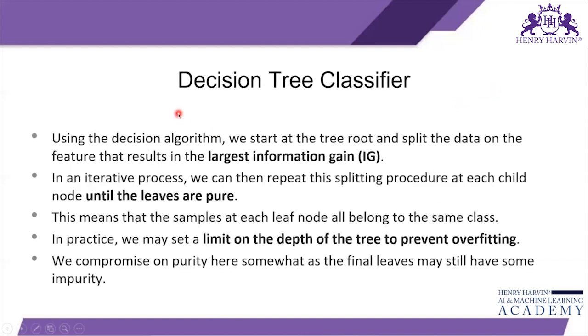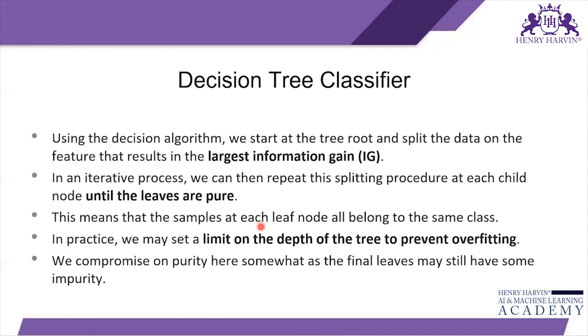And the decision tree classifier: using the decision tree algorithm, we start at the tree root and split the data on the feature that results in the largest information gain (IG). On the basis of the largest information gain, we select our root node. In an iterative process, we then repeat this splitting procedure at each child node until the leaves are pure.